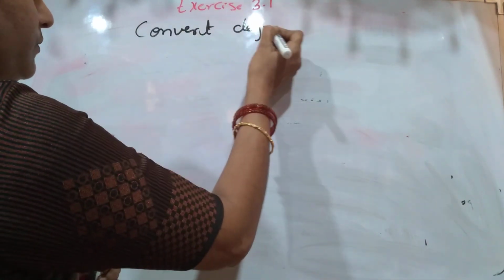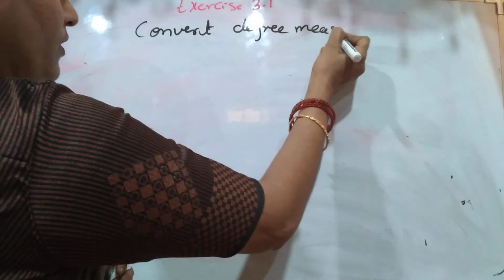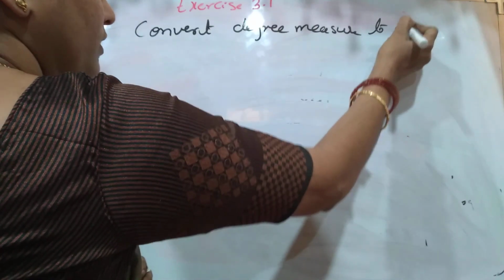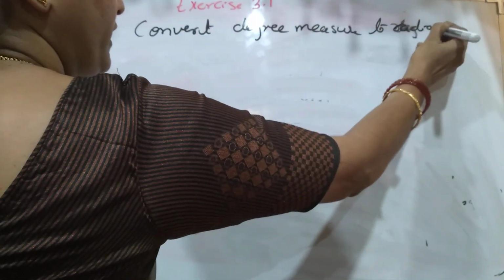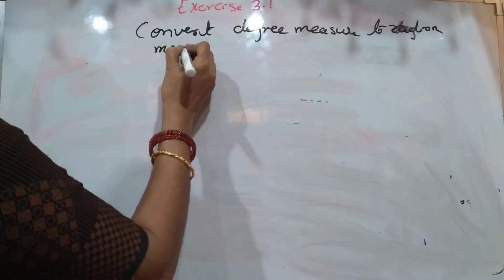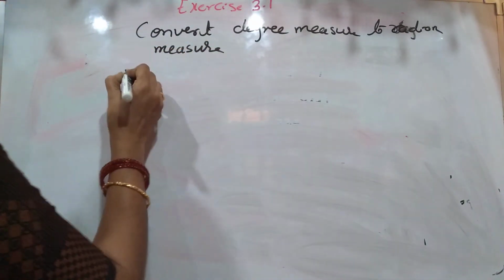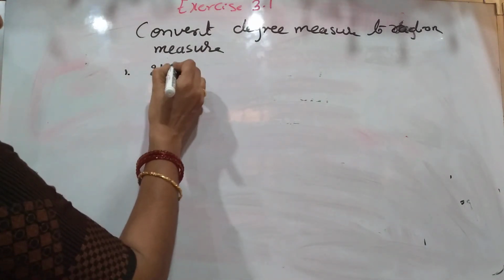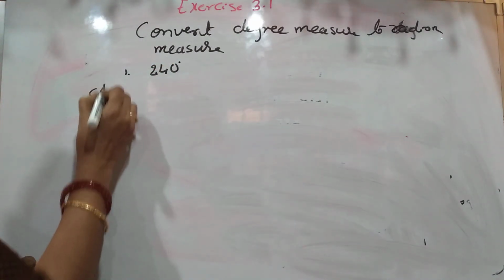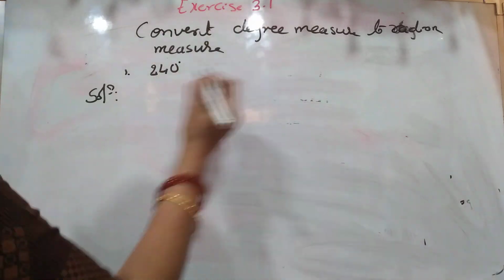First one, 240 degrees. Solution. Okay, degree into radian I make.